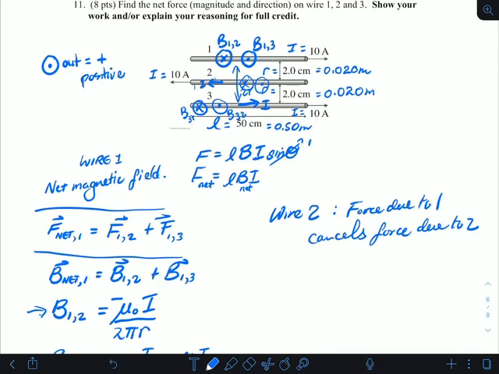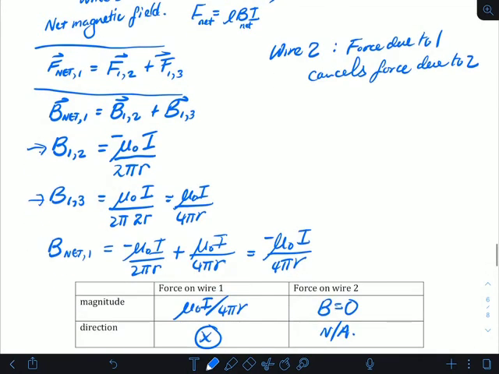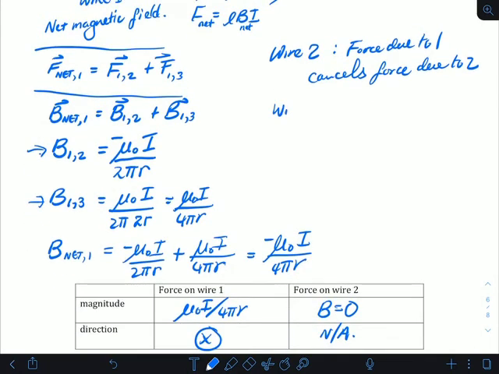And because it's a completely symmetric situation, for wire 2 and wire 3, it's the same magnitude because the distances are the same.